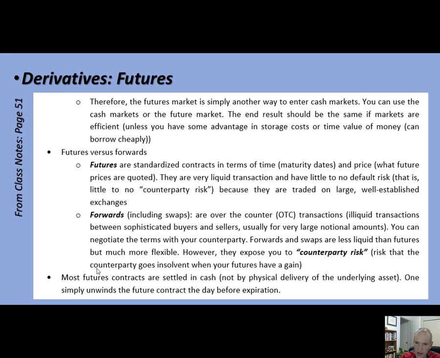Now, there are things called forwards. Futures and forwards are essentially identical, except futures are standardized contracts that are on exchanges. So you're stuck with their maturity dates. You're stuck with the prices they offer, the types and sizes of the transactions, those kinds of things.